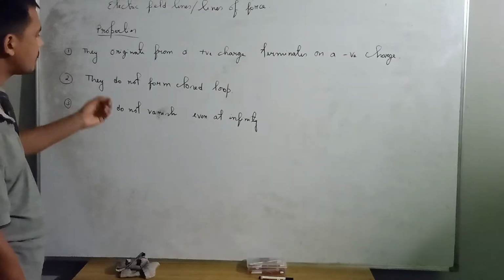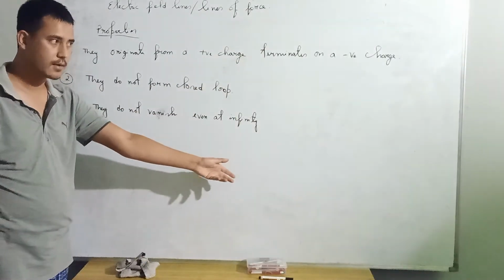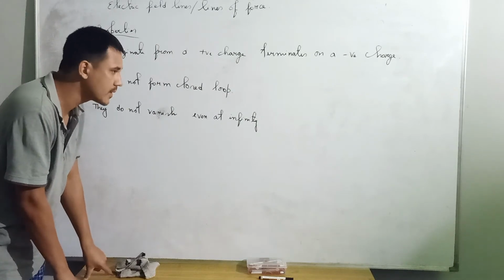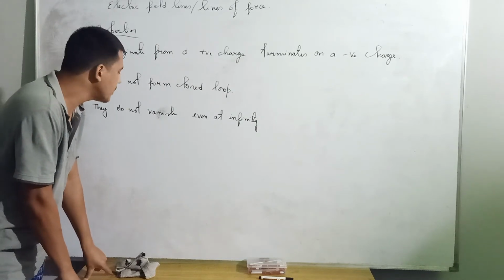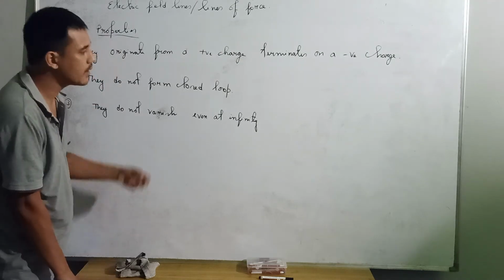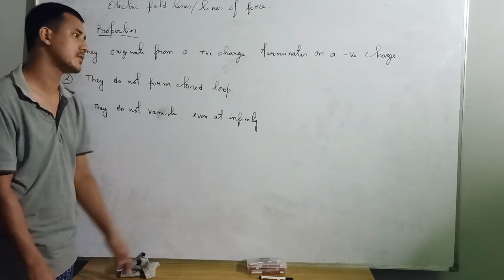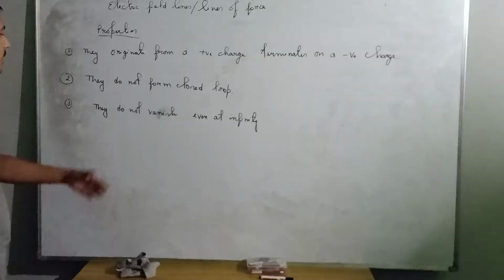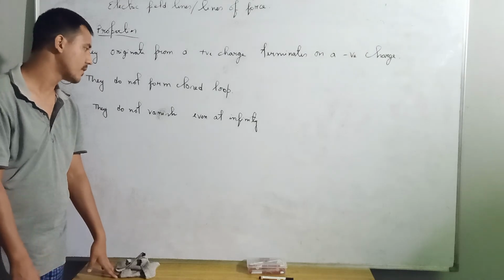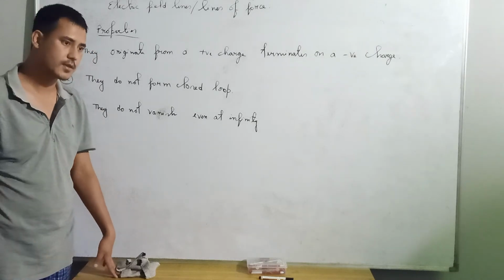The magnitude of the field will keep on decreasing. But to infinity also, it will not vanish. Those field lines will not vanish. So if the field lines do not vanish, then the magnitude will not be 0. Okay, it may be very, very close to 0, tending to 0, 10 to the power minus 31, 10 to the power minus 100, 10 to the power minus 1000. But it will not vanish. Alright.